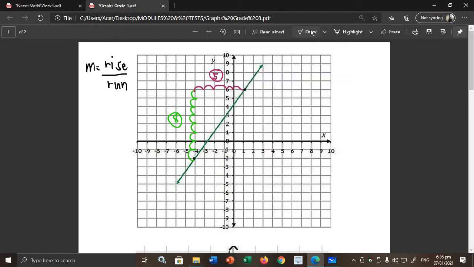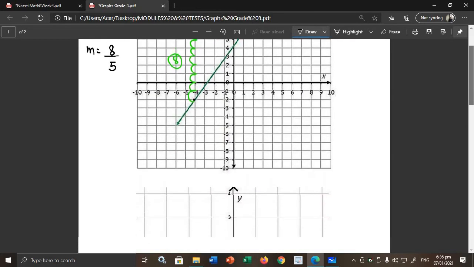Now, computing its slope, we need to substitute the values that we get. So rise natin is 8 over yung run natin is 5. So this is now the slope of this line, 8 over 5. You do not need to convert it into a mixed number. Okay lang sa akin kahit improper.